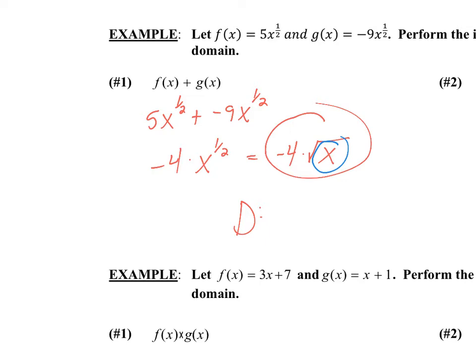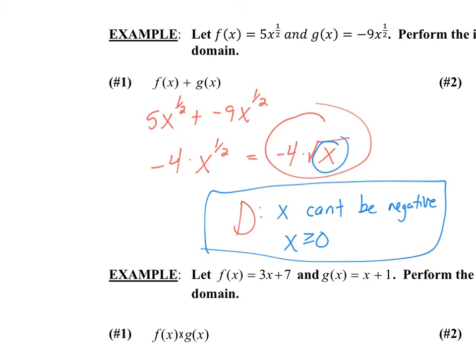So the domain is x can't be negative because we can't have a negative number inside of a square root. So we'd write that as x is greater than or equal to 0. That would be our domain because the number inside of a square root cannot be negative, so it's got to be 0 or bigger.